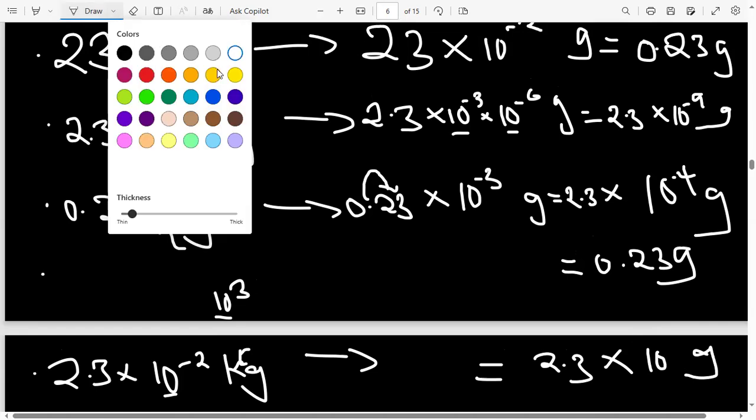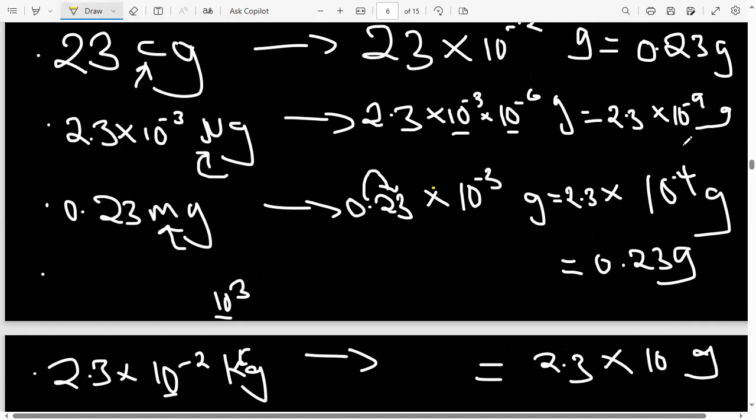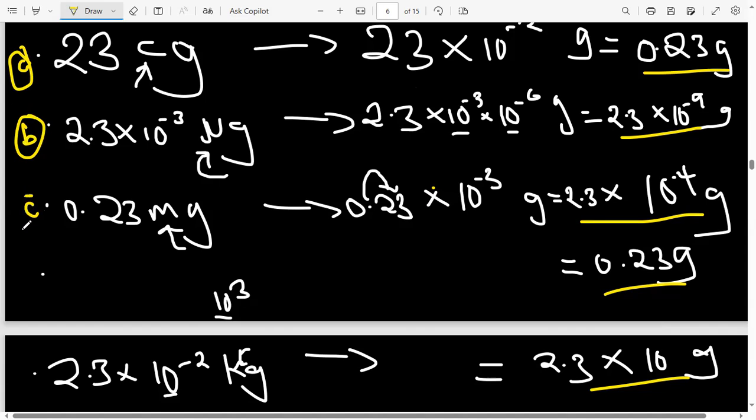Okay, so now we have these 4 numbers here. Which one is the smallest? Which one do you think is the smallest? We have this one, this one, this one, and this one, and even this one here. So which one do you think is the smallest, guys, among those numbers? Which one is the smallest? I think the one which is on number 2, the 2.3 times 10 to the power negative 9.